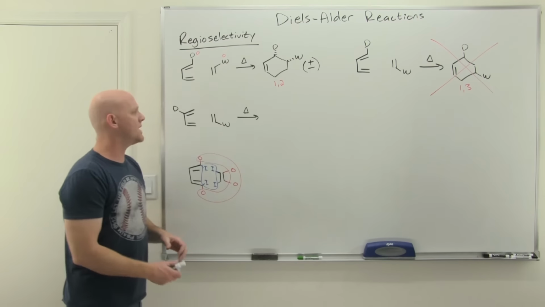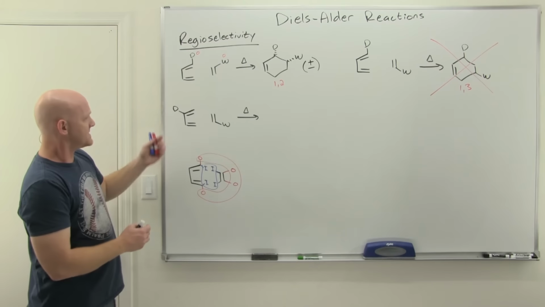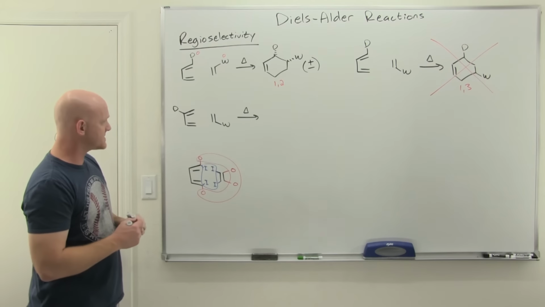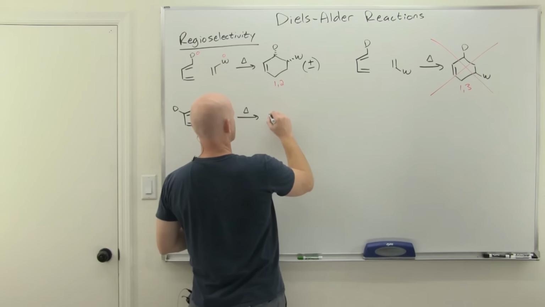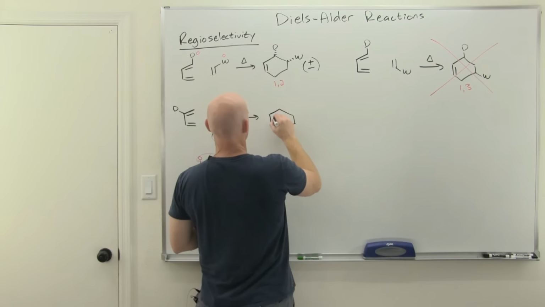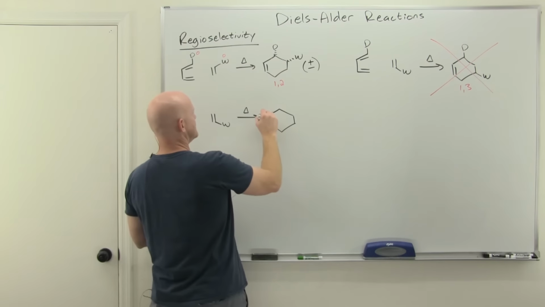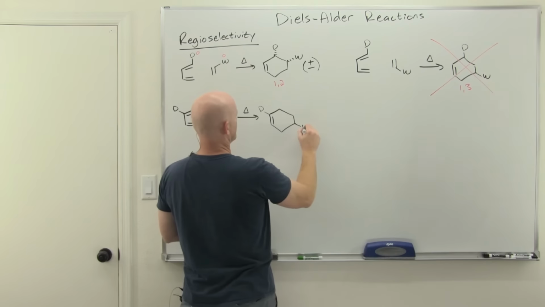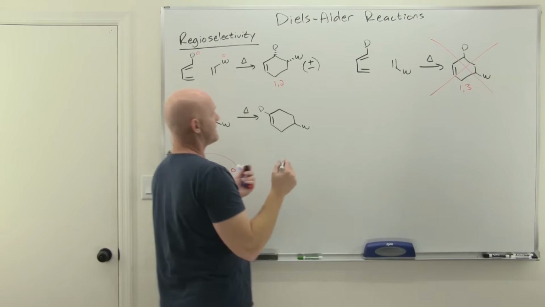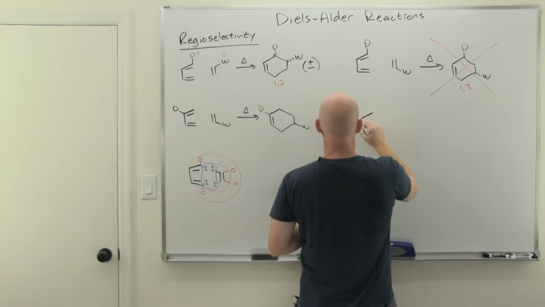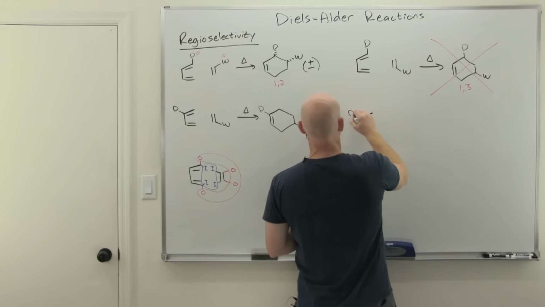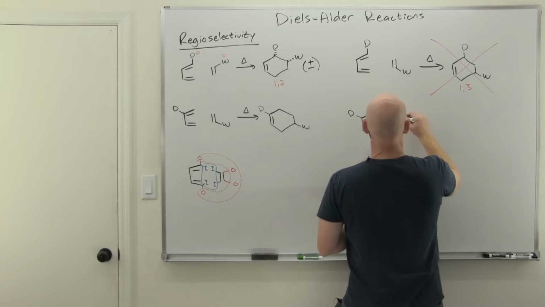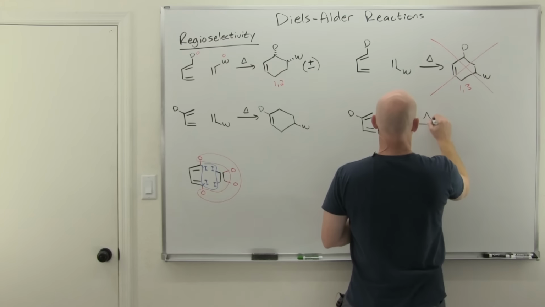So just an FYI. All right, if we look at this next example here, once again we have a similar situation. If we take a look at what the product might look like, we've got a D attached right here and a W attached right here. The question is, is there any reason we couldn't just flip one of those over? Once again, I'm going to flip the dienophile over and have it face like so.